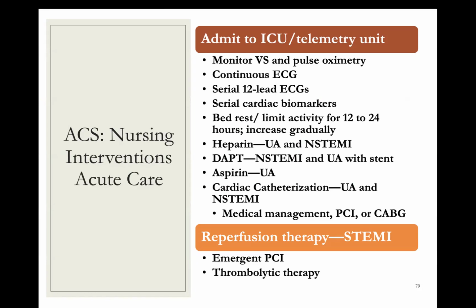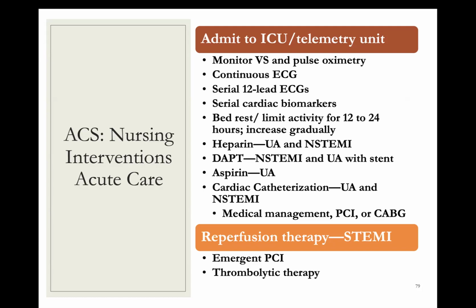Because again, with the 12 lead, the different leads correspond to the different coronary arteries and how they're doing. So the continuous ECG or the telemetry gives us ideas if people are having any dysrhythmia, but the 12 lead EKGs are really helpful in telling us about the perfusion of the coronary arteries.